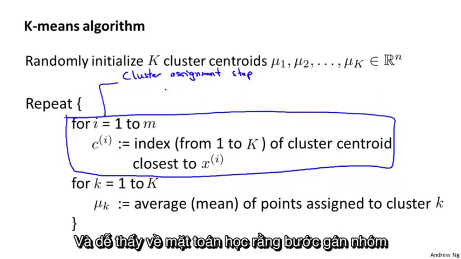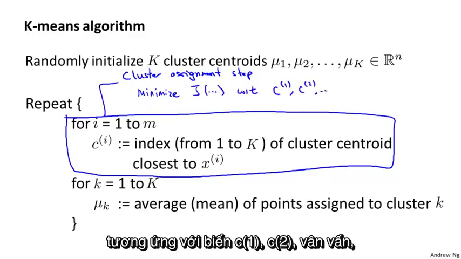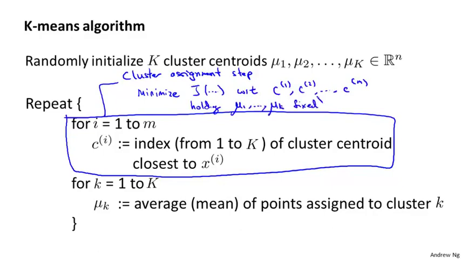And it's possible to show mathematically that what the cluster assignment step is doing is exactly minimizing J with respect to the variables c 1, c 2, and so on up to c m, while holding the cluster centroids mu 1 up to mu K fixed.